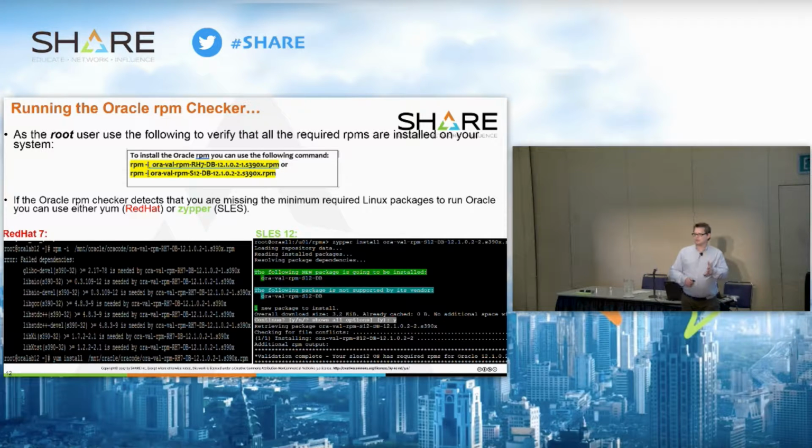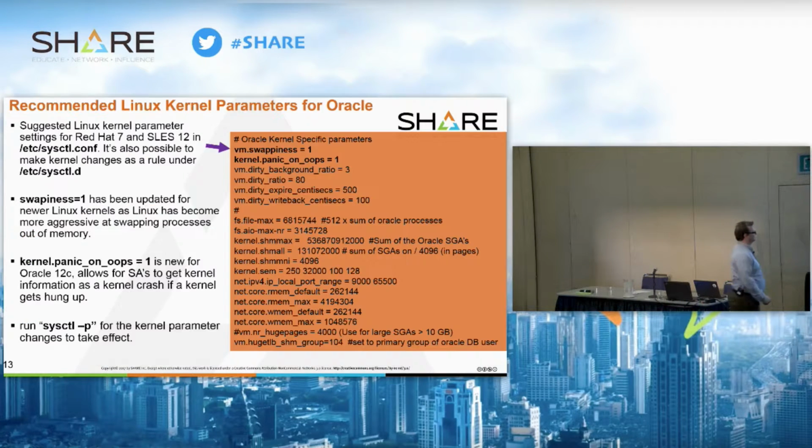When you install Oracle, do you put them in one at a time, install the RPMs, or do you just do it automatically? Okay. That's the way to do it, for sure.